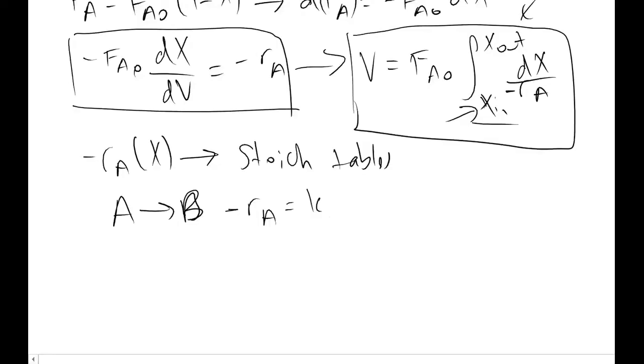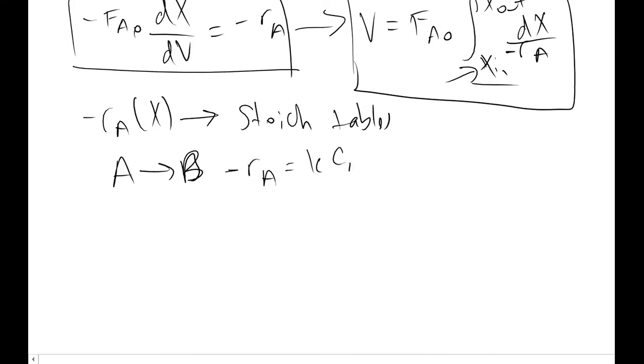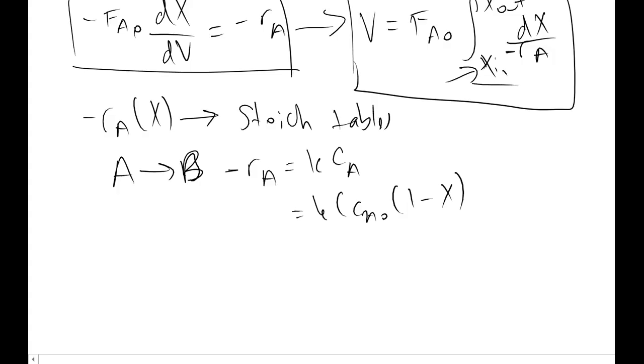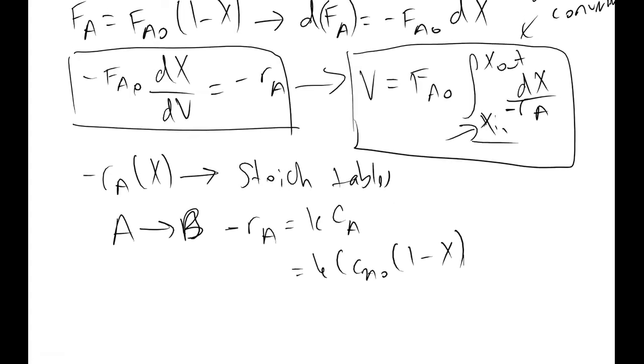And we'll just make it clear that it's C sub A. And if this was an all liquid reaction, we can write this as K times CA naught times 1 minus X. And so the next step we would do, now that we have RA as a function of X, would be to plug it into here and evaluate the integral to find what the needed volume of the PFR is.